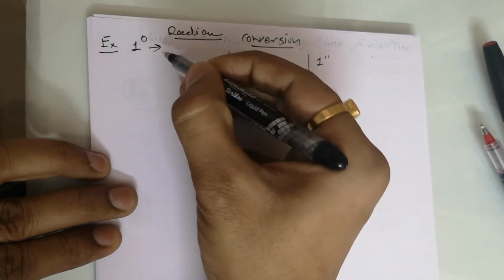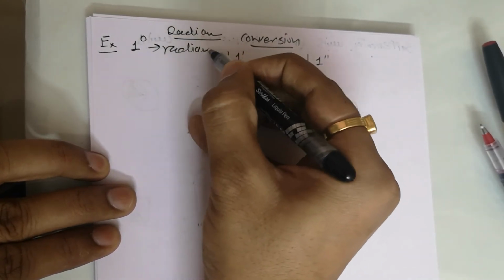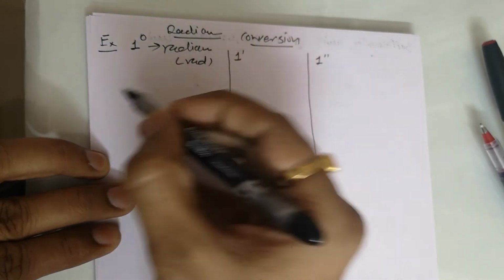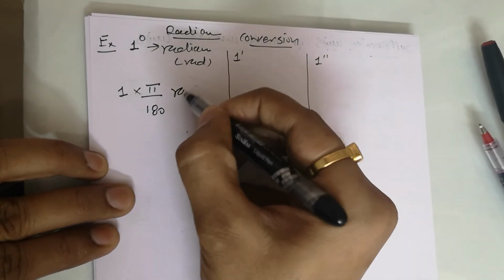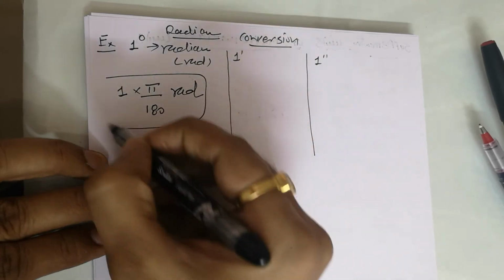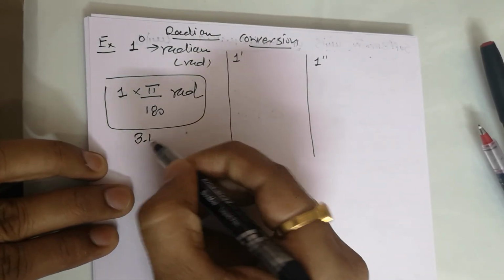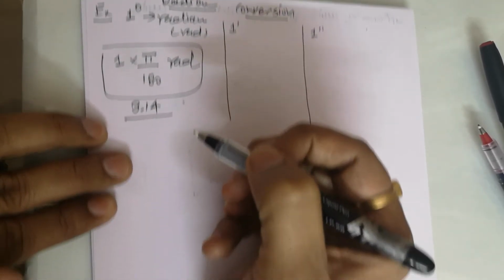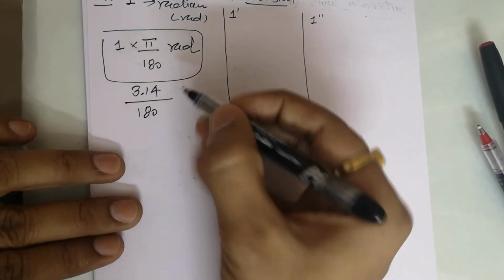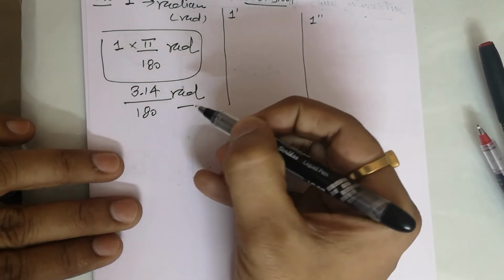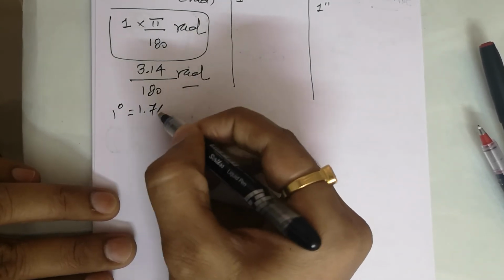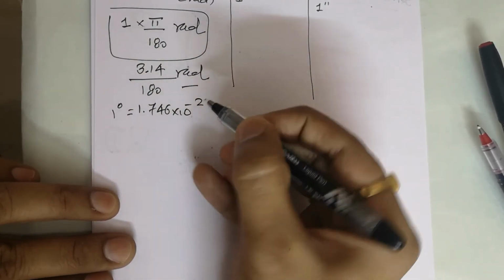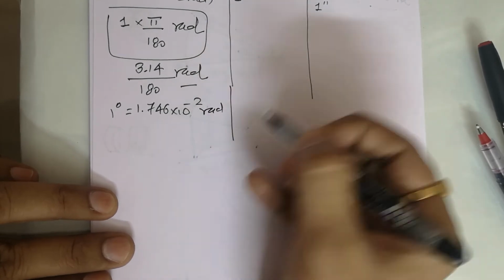To convert 1 degree into radians, 1 multiplied by pi divided by 180 gives radians. You can put the value of pi as either 22 by 7 or 3.14, divided by 180. Directly, you can just mention that 1 degree equals 1.746 times 10 to the power minus 2 radians.